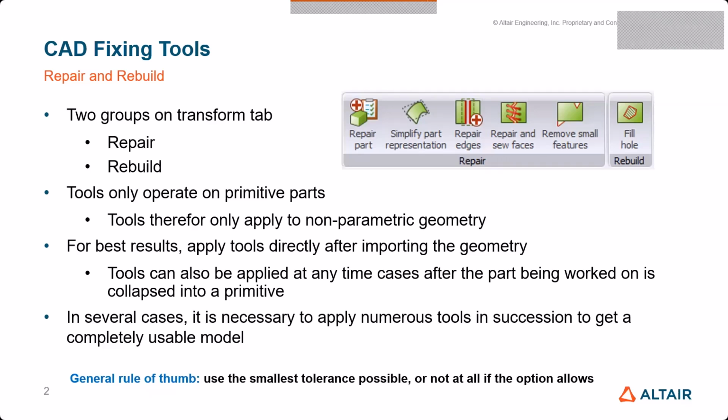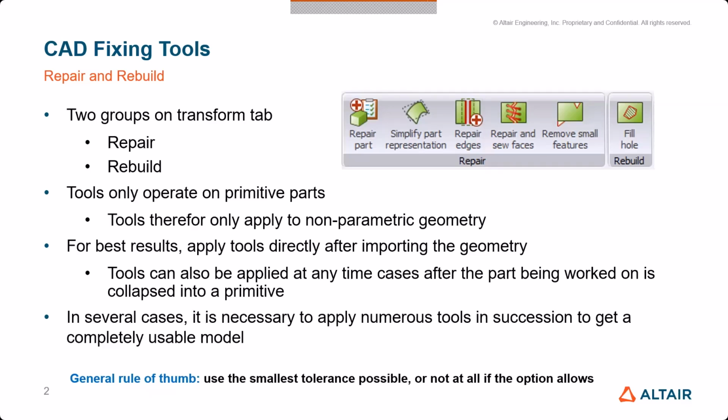Now, without any further delay, let me demonstrate these tools using some examples. But a general guideline I would recommend is, when you're using some of these tools, if any tool allows a specification of a tolerance, please go with the smallest possible tolerance.